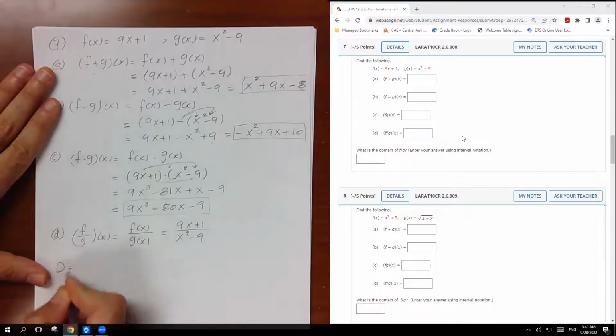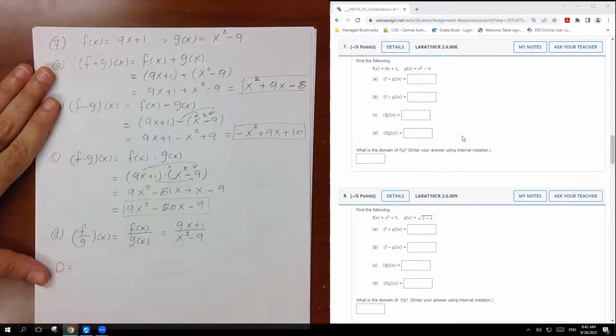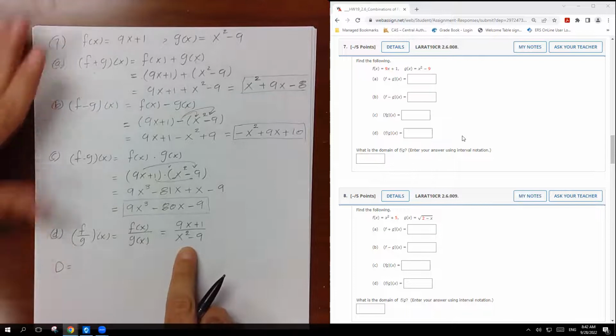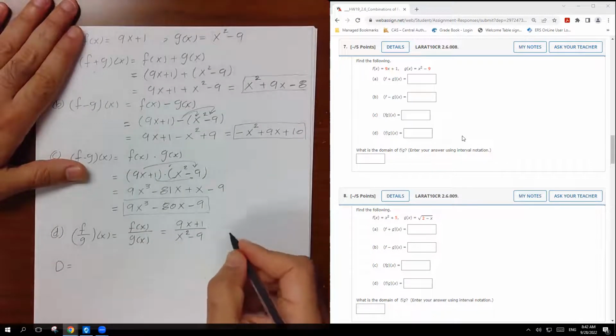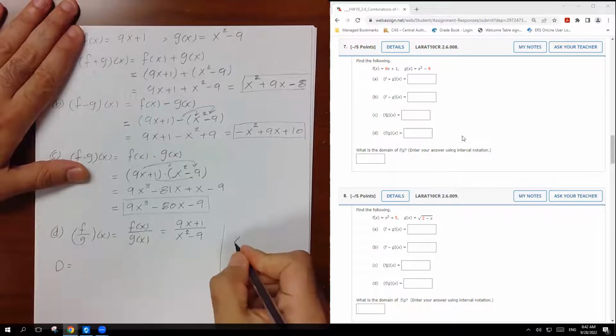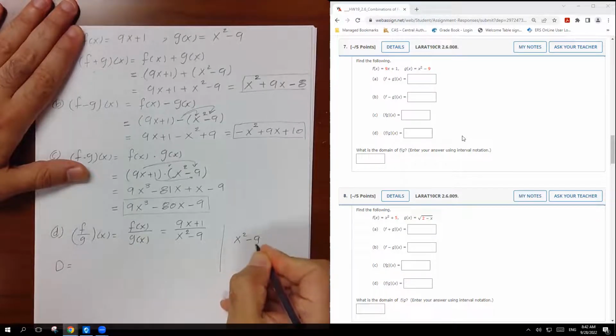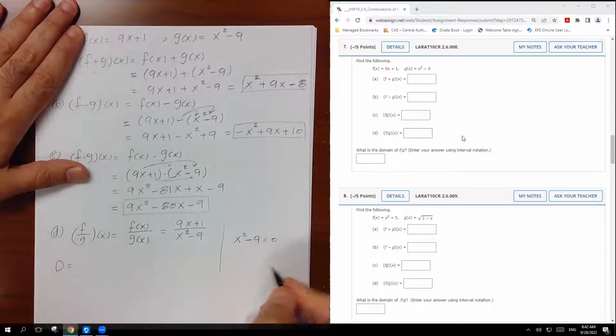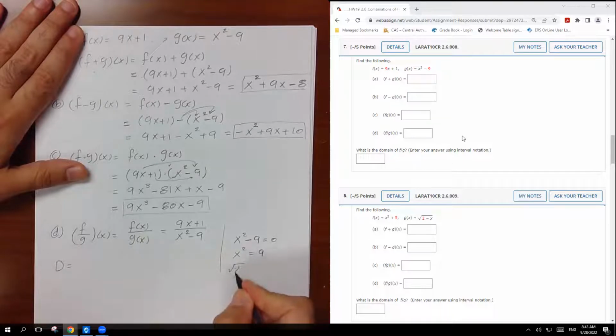Again, they ask you to find the domain for D. The domain for D, it's a rational, so we're going to take x squared minus 9 equal to 0. Then solve this one. You can say x squared equals 9. Take the square root of both sides. So x is going to be plus or minus 3.